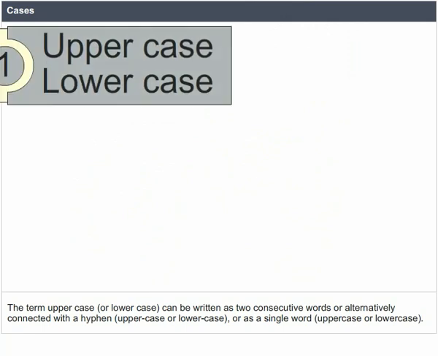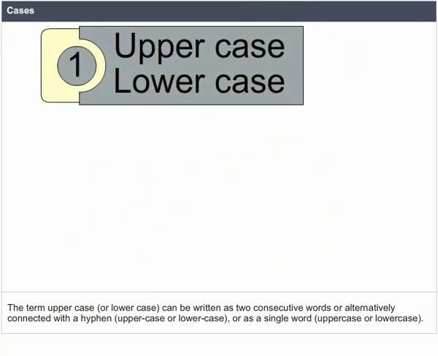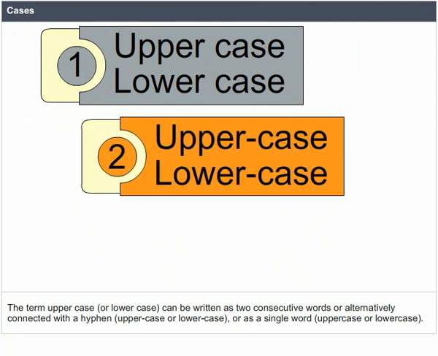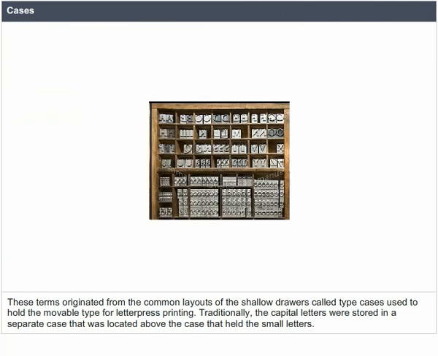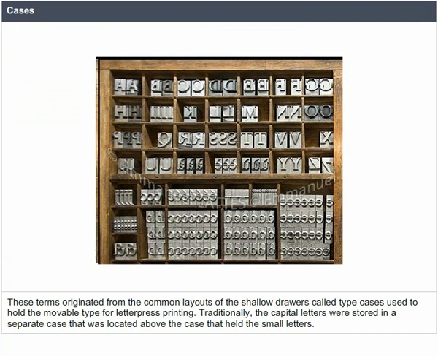The term uppercase or lowercase can be written as two consecutive words or alternatively connected with a hyphen, upper-case or lower-case, or as a single word, uppercase or lowercase. These terms originated from the common layouts of shallow drawers called type cases used to hold the movable type for letterpress printing. Traditionally, the capital letters were stored in a separate case that was located above the case that held the small letters.